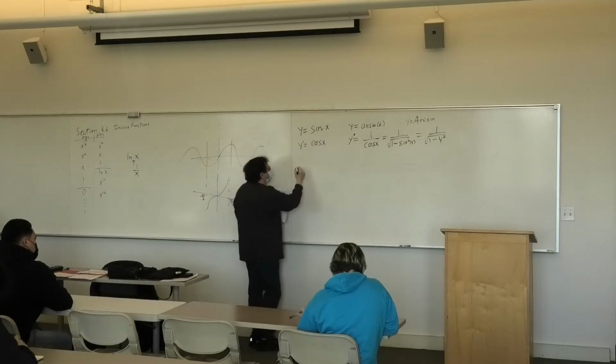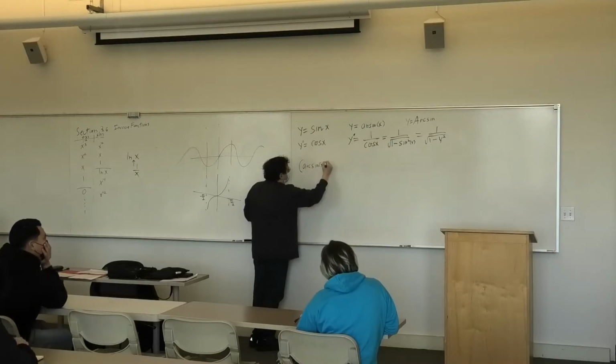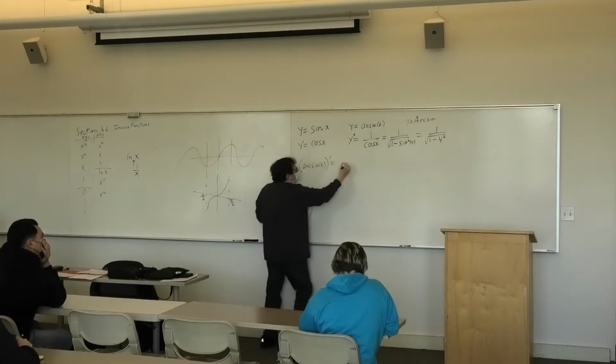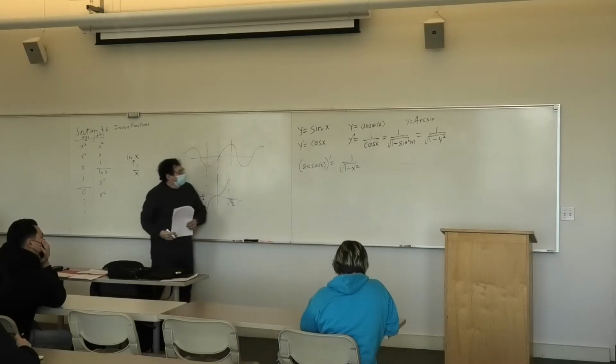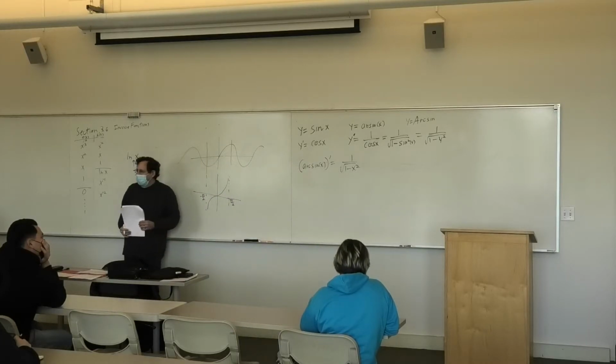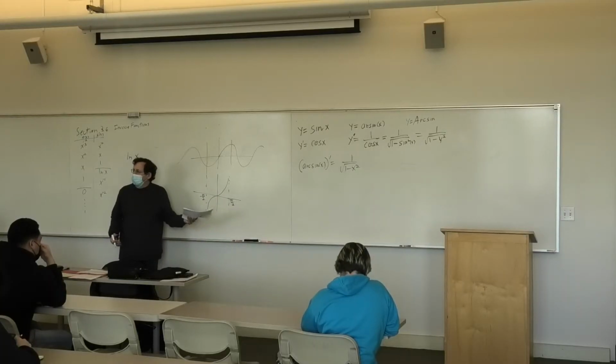So our conclusion is that the derivative of the arc sine of x is 1 over the square root of 1 minus x squared. That's pretty handy. We didn't really have to know anything special about the arc sine, we just had to know about the sine.